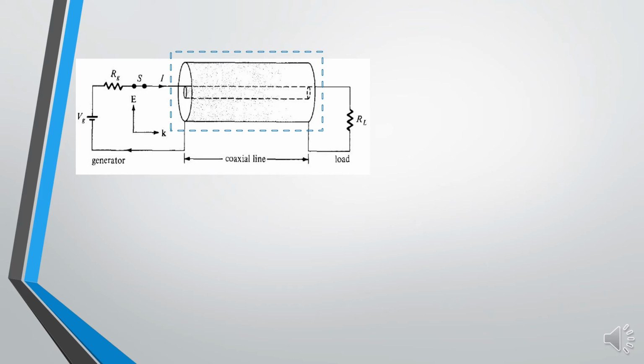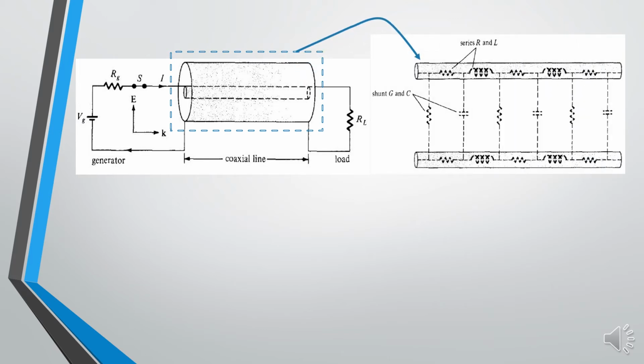Okay, now this dotted portion, or the coaxial transmission line, can be equivalently drawn as a circuit, and you can see that in this circuit the R, L and shunt G and C are all basically distributed parameters. Their values change with the length of the transmission line.